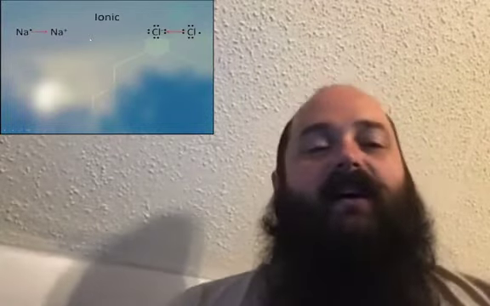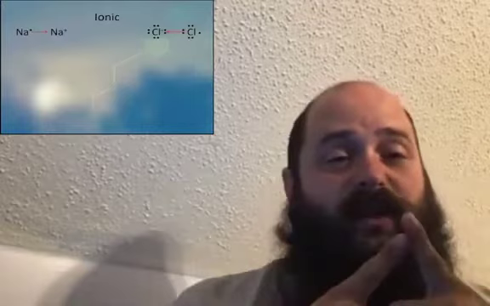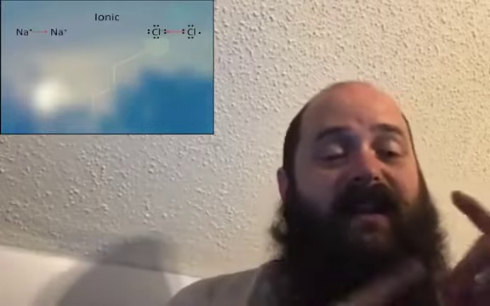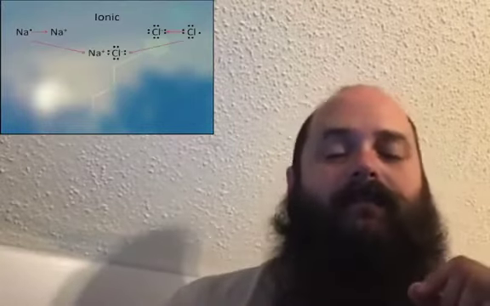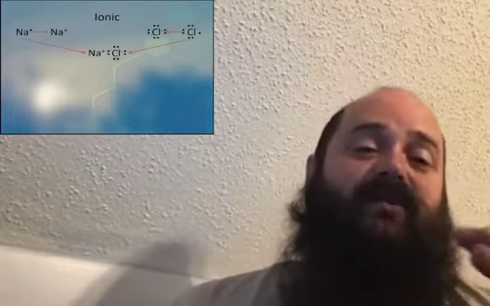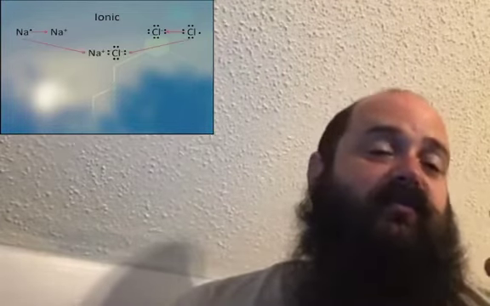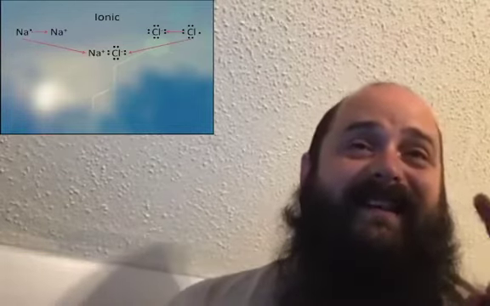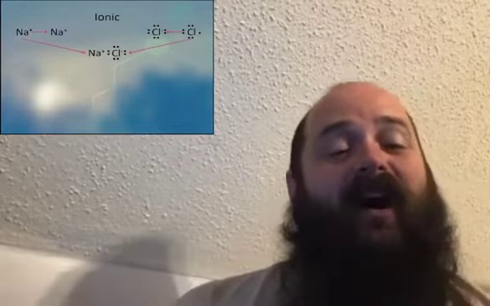Much like the North Pole and the South Pole of a magnet will attract each other, a positive and a negative in nature will attract each other. And so it makes sodium chloride, which is a salt. This is actually the chemical formula for table salt. And this is called an ionic bond.